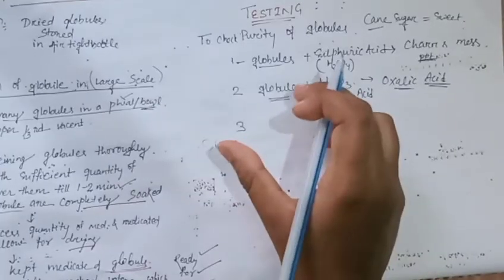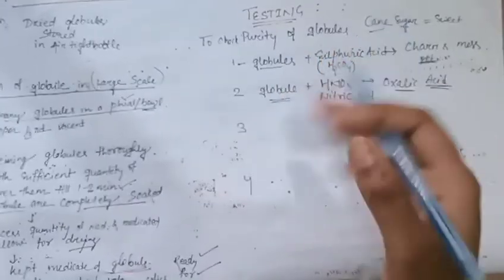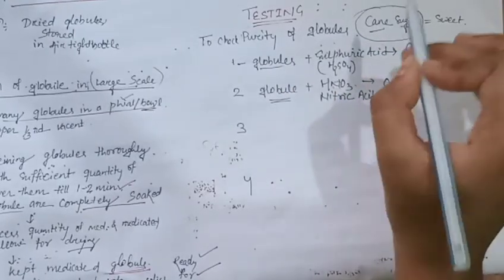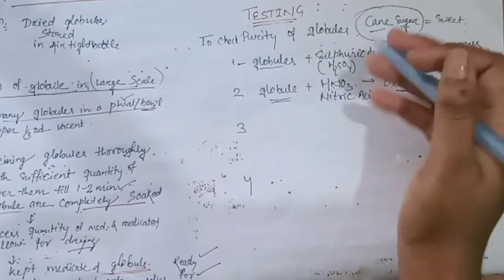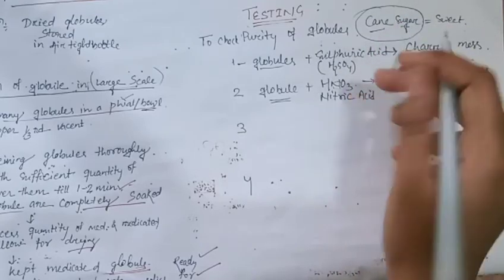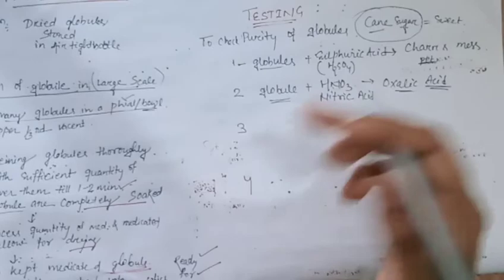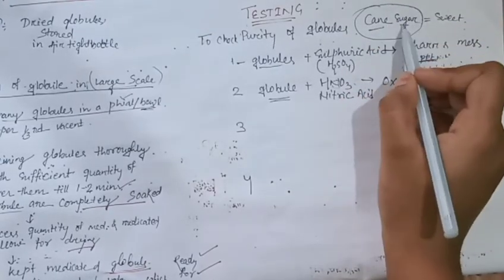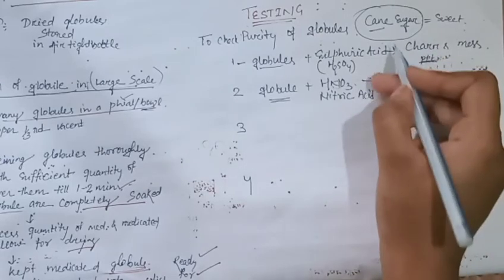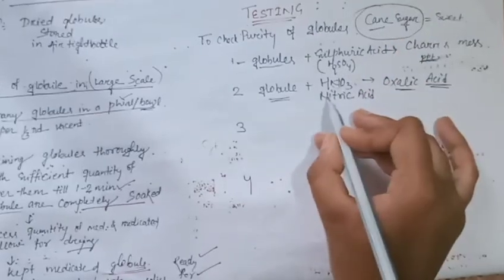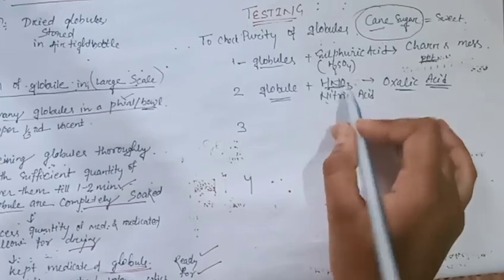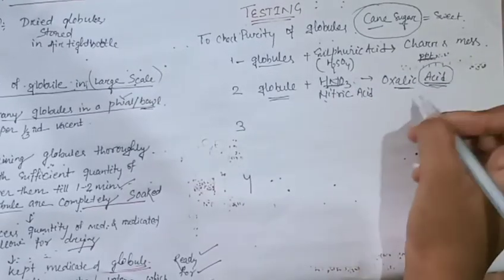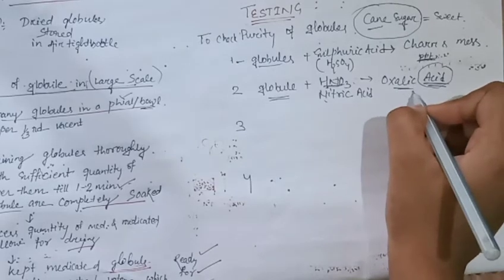When we go towards chemical testing, we should remember that the source is cane sugar. Every answer should be with respect to the sugar-containing nature. Due to the presence of sugar, when it reacts with HNO3 it oxidizes, and when it oxidizes it produces acid. The acid which is formed is oxalic acid.